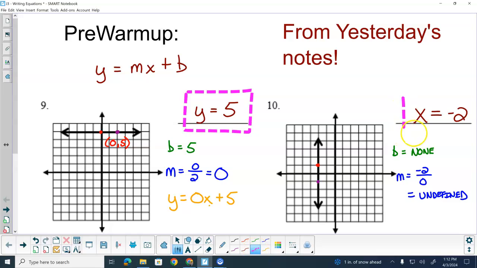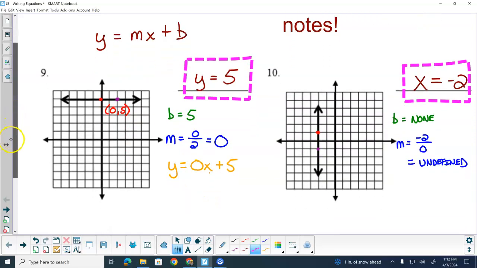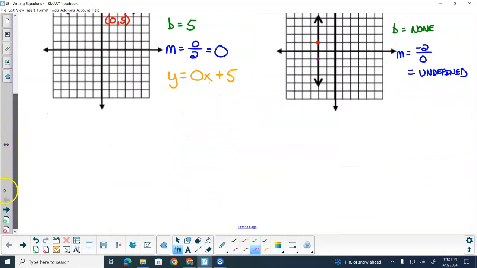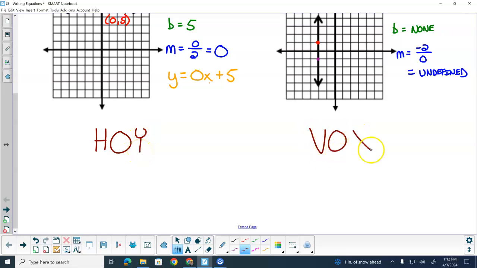Now, you might have learned in a previous class or a previous year or somewhere else, you might have learned HOY VOX. Write that down underneath those. HOY and VOX.